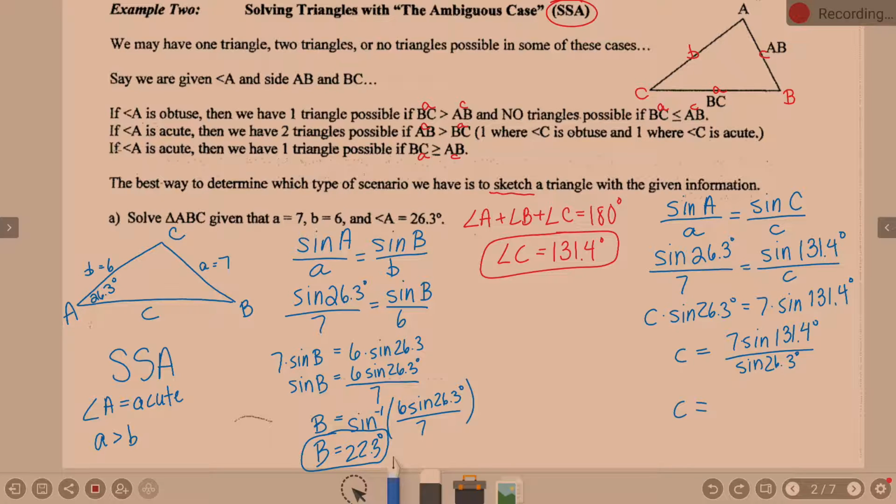Put in the calculator, hit the magical buttons. And what's the calculator tell me? 11.9 is what I have in my notes.